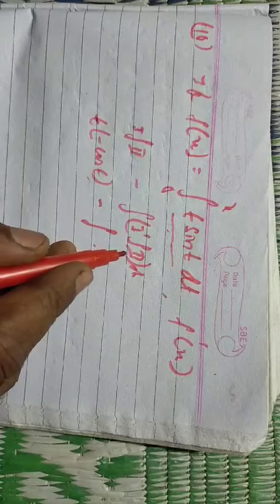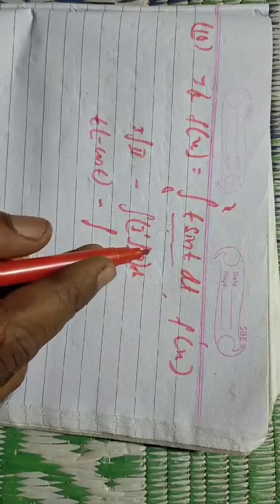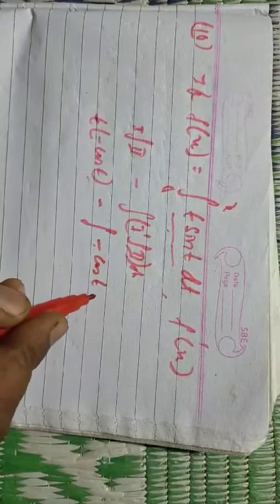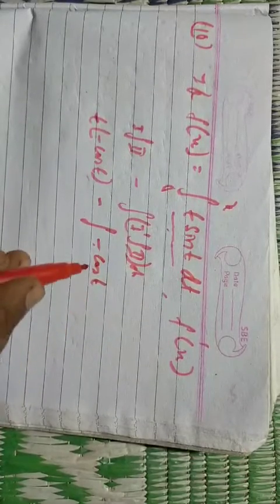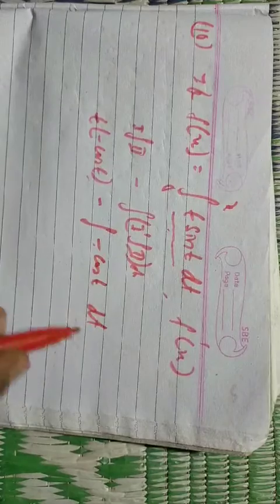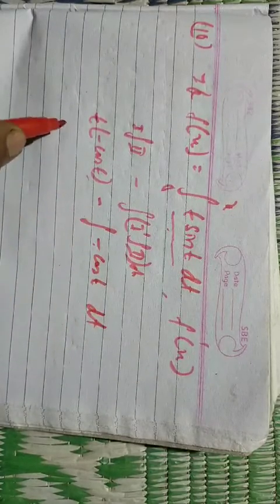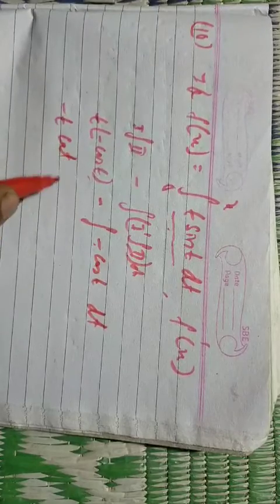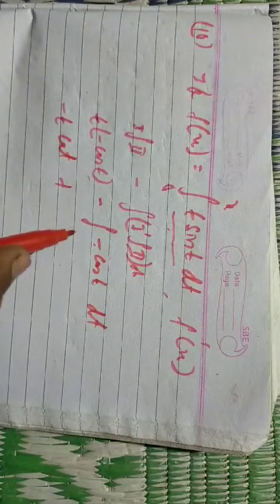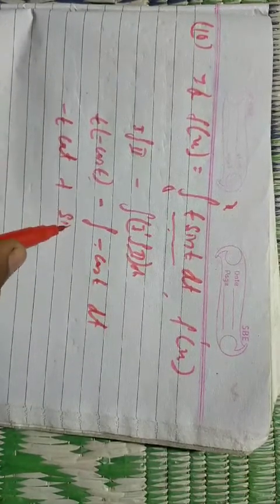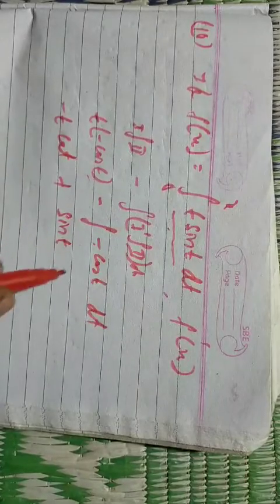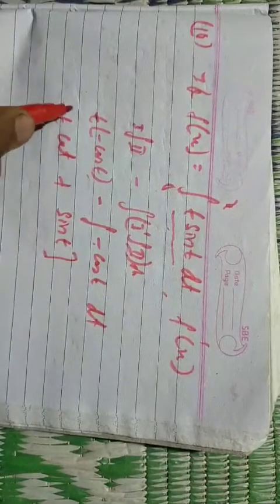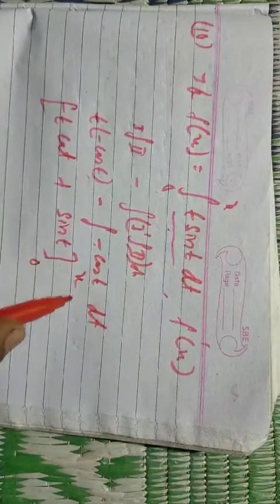Next, integration of second function is minus cos t, dt. This minus minus will become plus. So here minus t cos t plus. Now integration of cos t is sin t, completed. But here we have to substitute the limit, that is 0 to x.